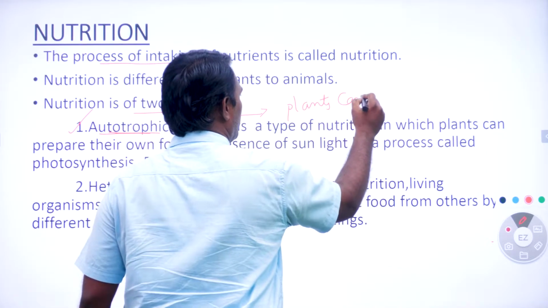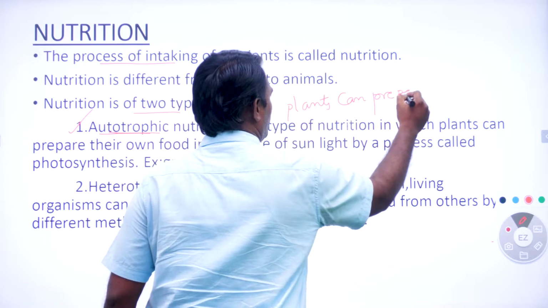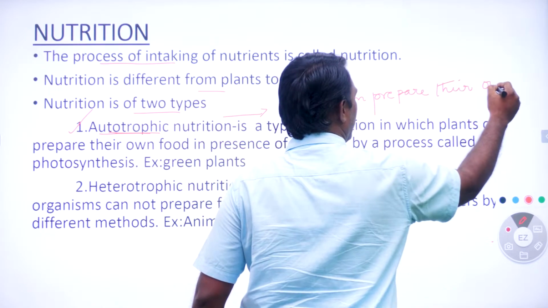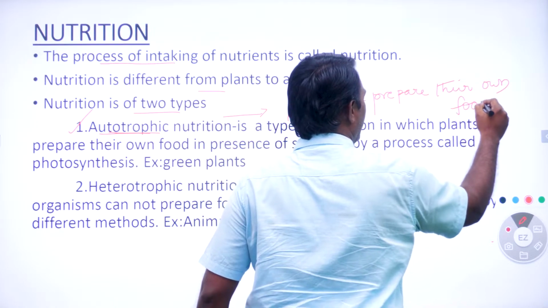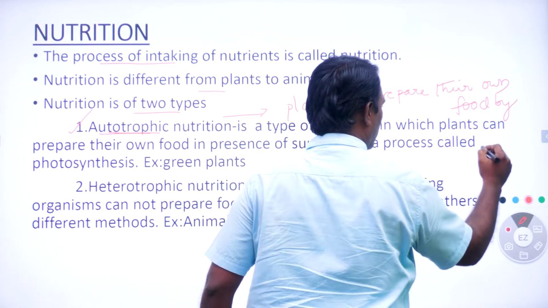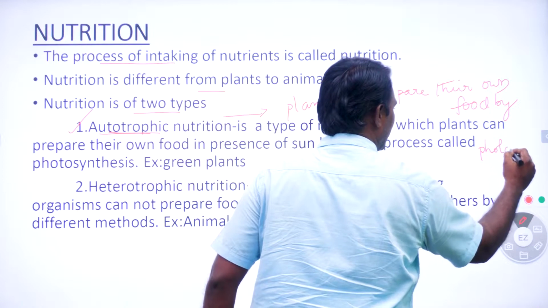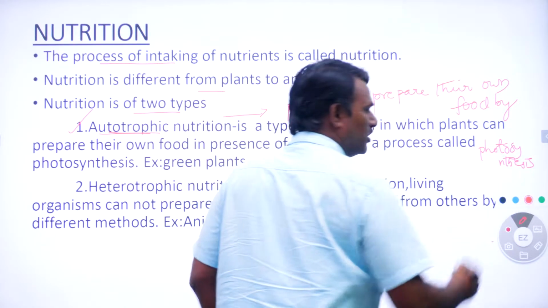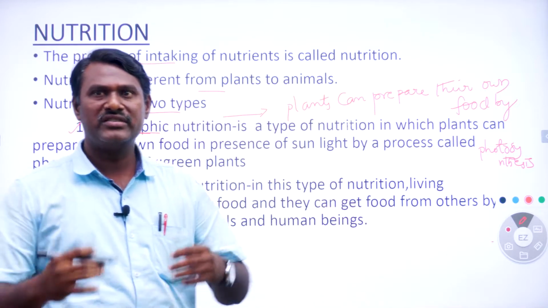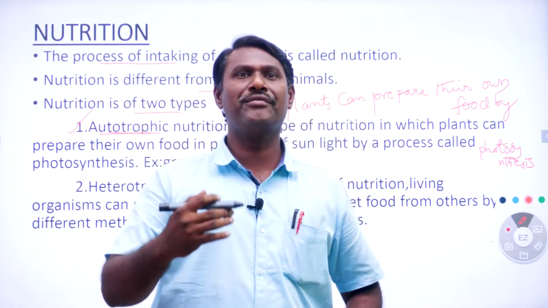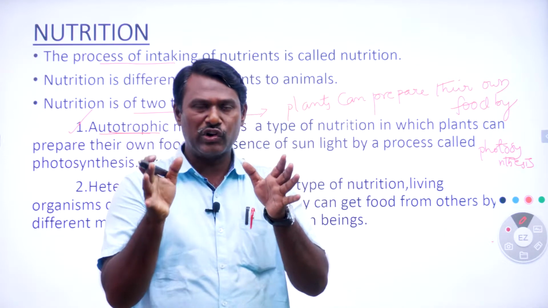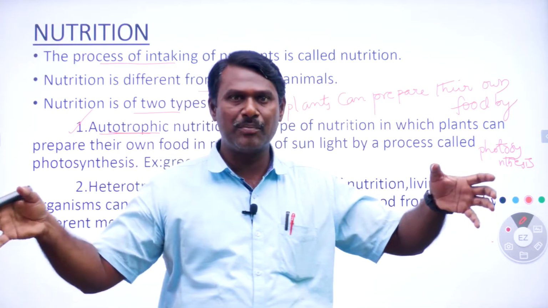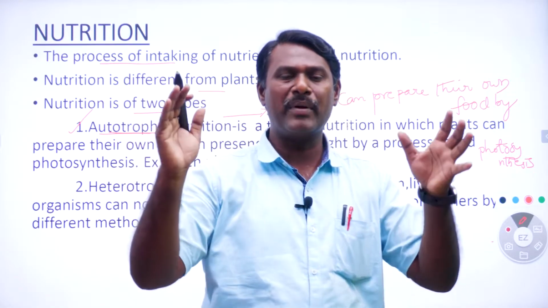Autotrophic nutrition can be defined as the type of nutrition in which plants can prepare their own food by a special process called photosynthesis. Such type of nutrition is called autotrophic nutrition. It is a type of nutrition in which plants prepare their own food material in the presence of sunlight.